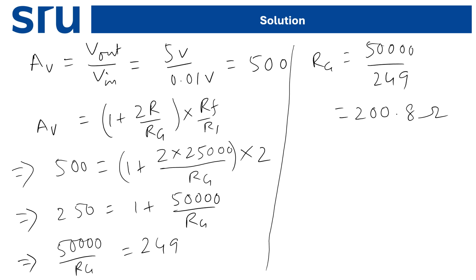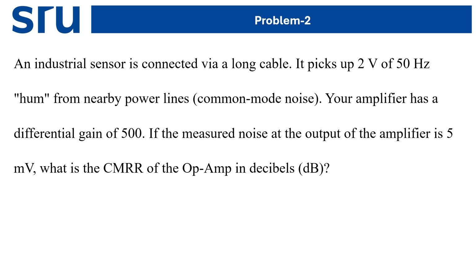Okay, now we'll see problem number 2. Let's read the problem first, then we will try to solve this step by step. It is saying that an industrial sensor is connected via a long cable. It picks up 2 volt of 50 Hz hum from the nearby power lines, which in turn is called the common mode noise.